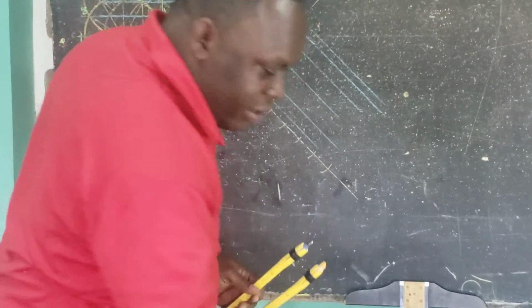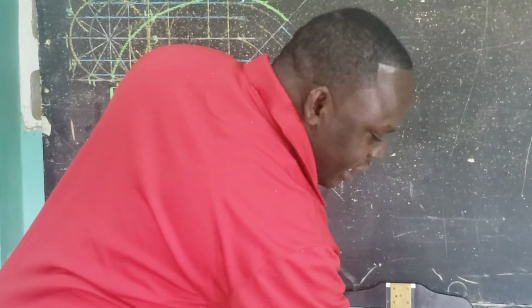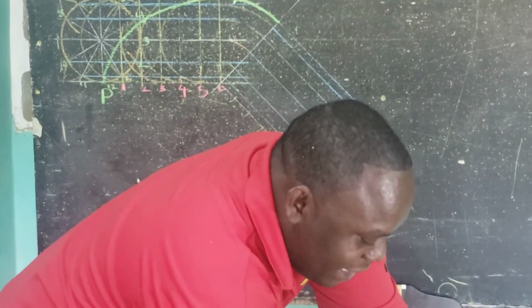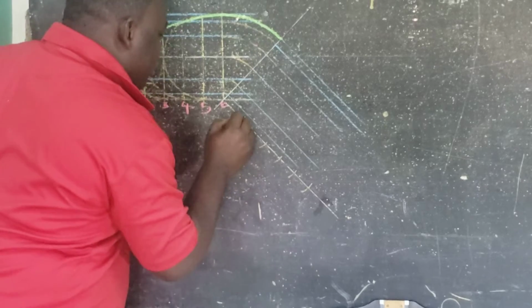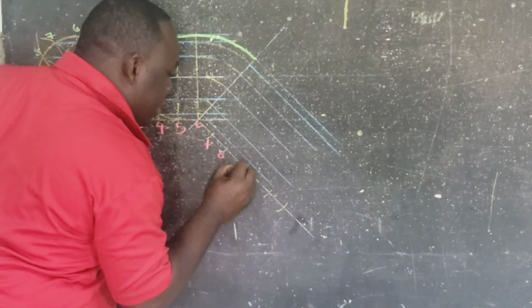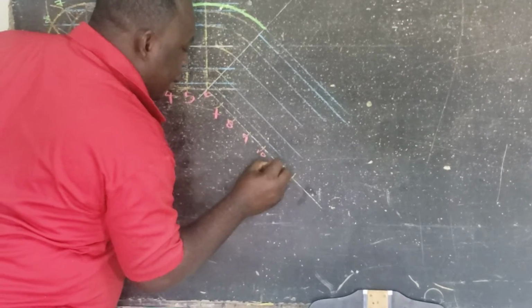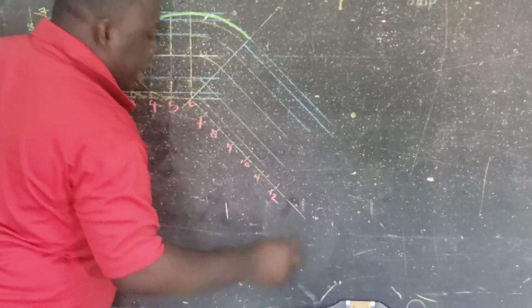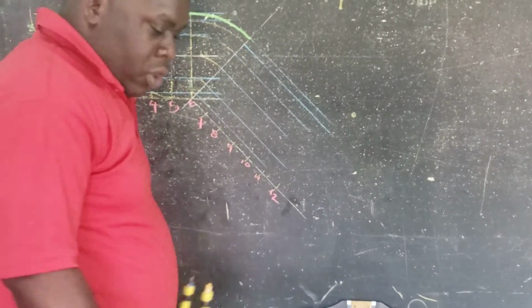So that is where we will actually get our additional divisions. So this will now be 7, 8, 9, 10, 11, and 12.